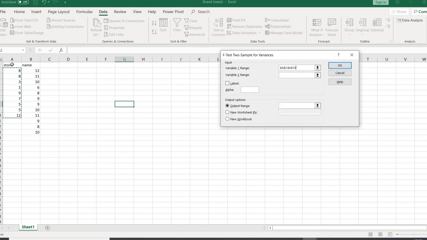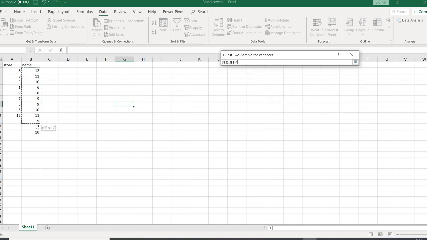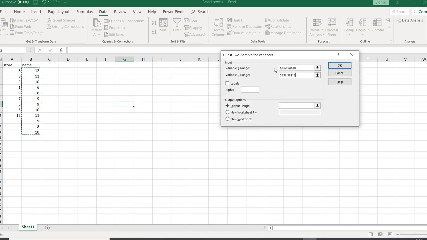If you also want to copy the label, store, you will be obliged to tick labels. But since I'm not copying the label, I will not tick labels. And you come to the second range, you copy the observations of sample 2. Since I did not copy the labels, I will not tick.